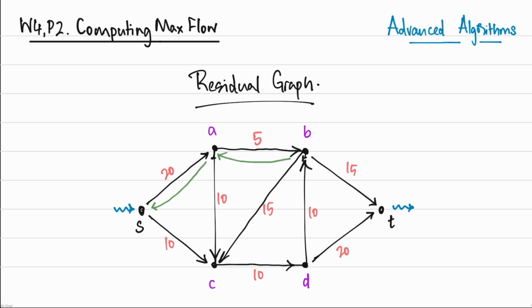These backward edges are artificially introduced edges. They don't exist in the physical network, and they symbolically represent the undo business that I was talking about.